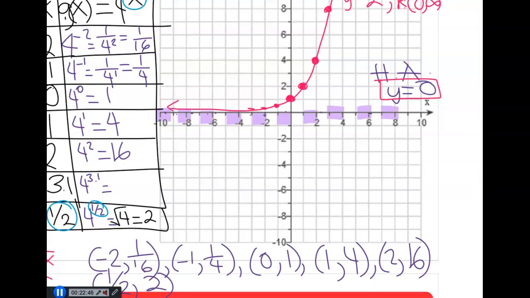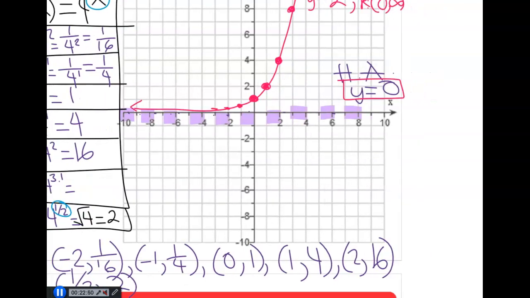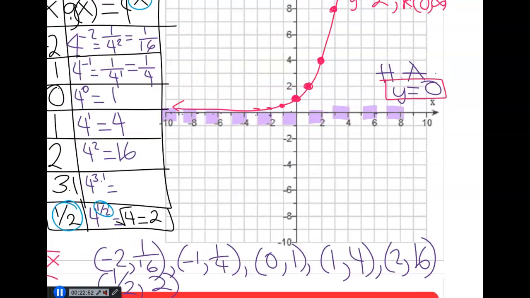Okay, so let's start with the positive ones. Let's start with the second row. So let's start here, 1/2, 2, somewhere here. And then let's start right here, 0, 1 with the y-intercept. Okay, then 1, 4.